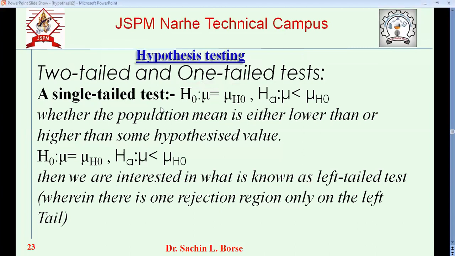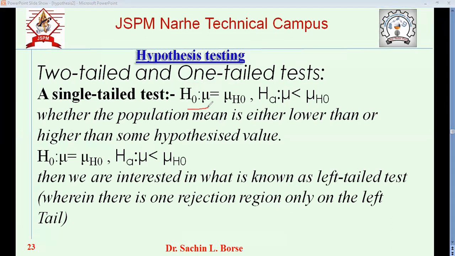Now we will see the single tail test. We have already denoted the tails on the left and right hand side. But for our study purpose, we'll accept either tail, either left tail or right tail. Now let us see the left tail.